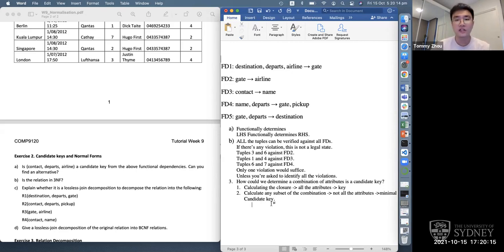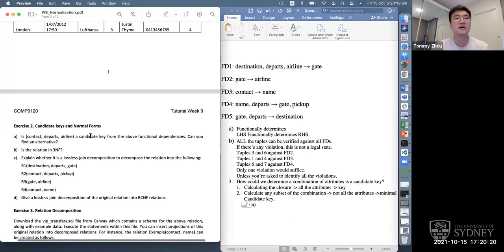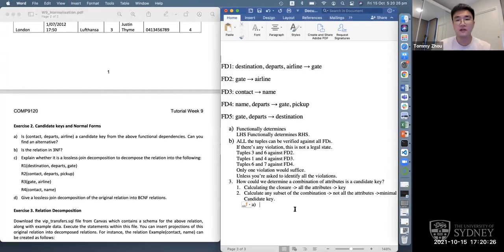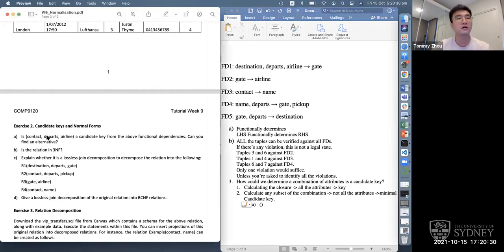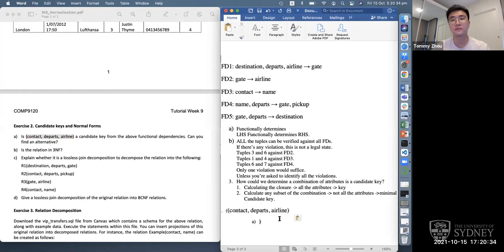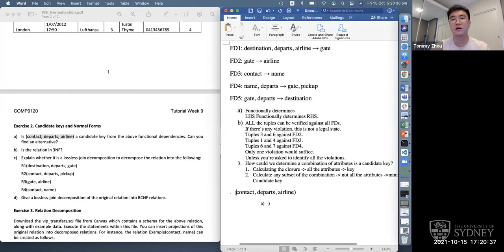All right, question A. Is contact, departs, airline a candidate key from the above functional dependencies? Having said that, the first step is to calculate the closure of this combination. I hate the format, it's so messy.